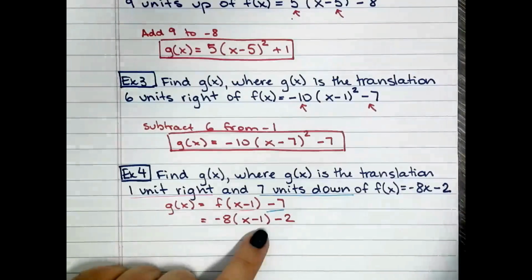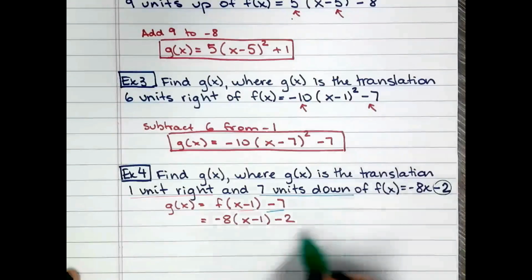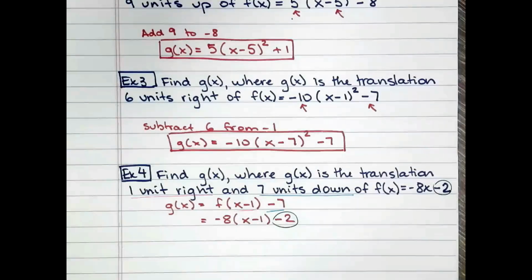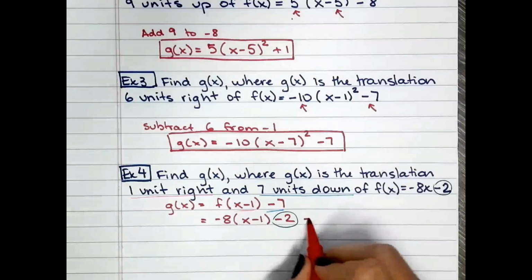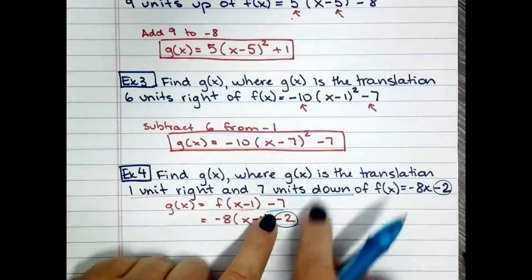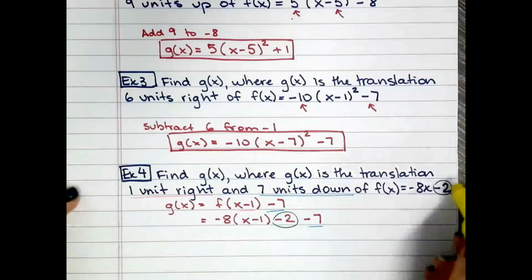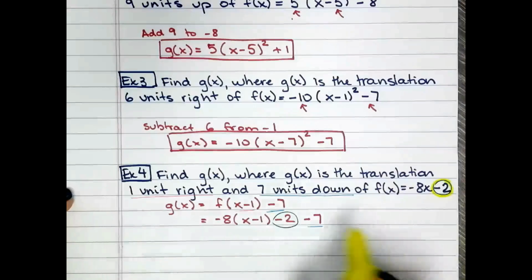This minus 2 came from over here. And then minus 7. And you know where the minus 7 came from. We're translating down. You can't even see it on the screen. How about yellow? Can we do yellow? Ah, there it is. Okay.